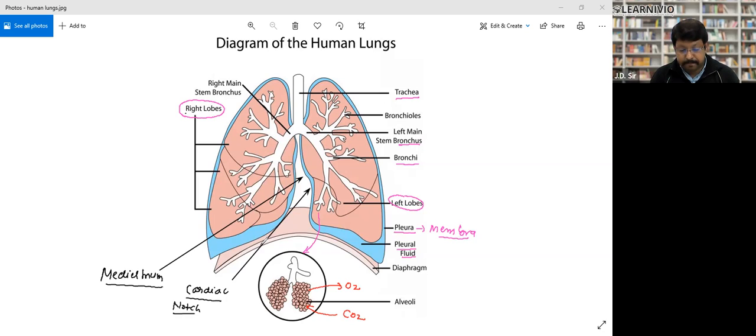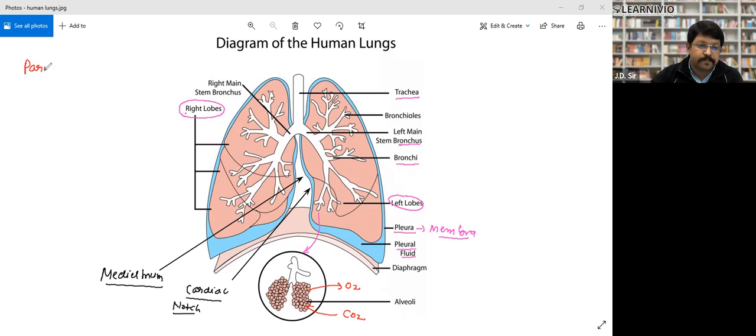Next point. Lungs are enclosed in two membranes.